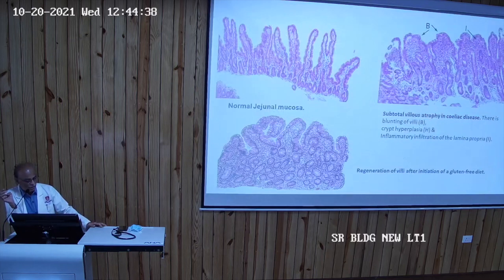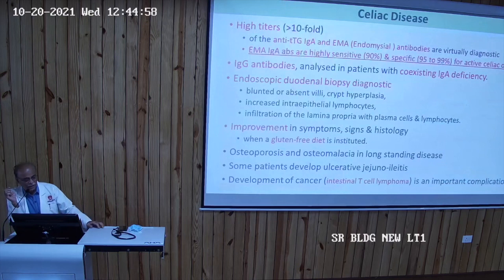So this is the normal jejunal mucosa and subtotal villus atrophy seen in celiac disease. And after gluten-free diet, again it will regenerate, it will try to come back towards normalcy, and patient will be free of disease. So in celiac disease, anti-TTG is tenfold there.